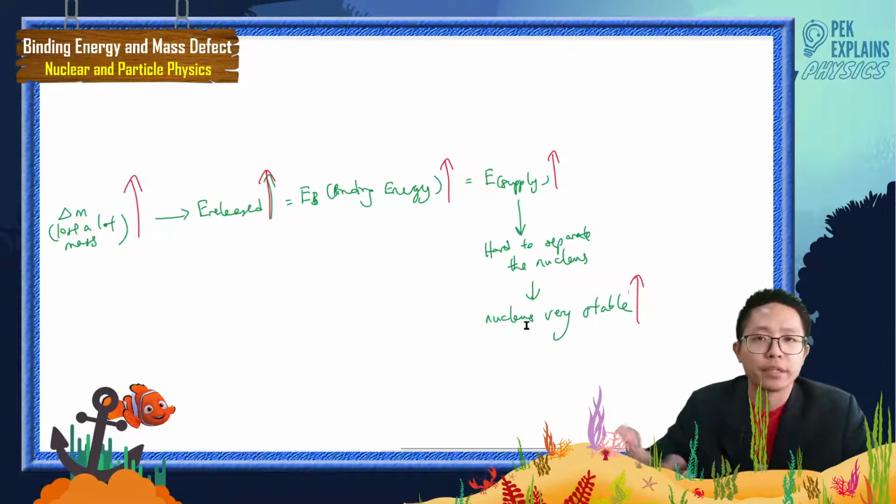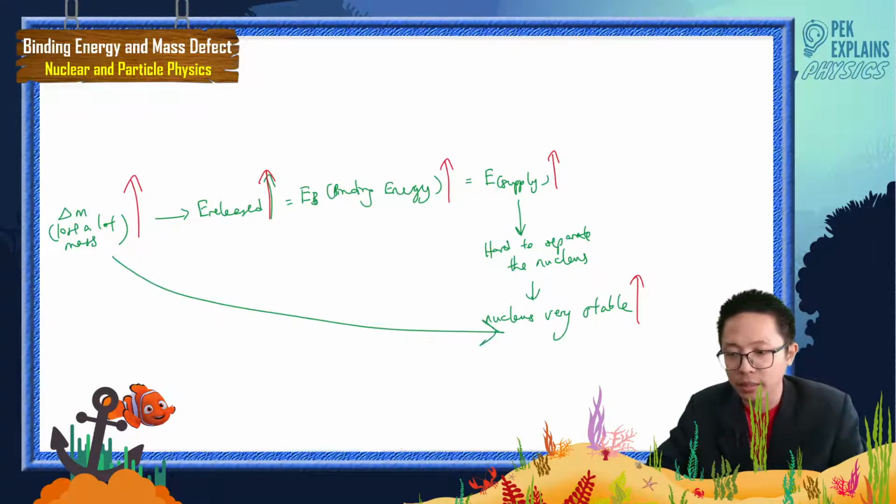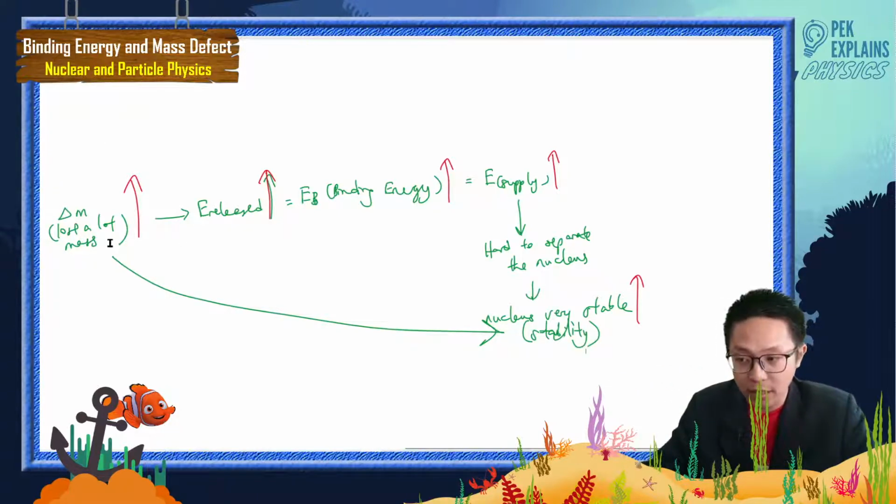So a lot of mass defect means the nucleus is very stable. We can see straight away from here that mass defect relates to stability. A lot of mass defect is good for the nucleus.